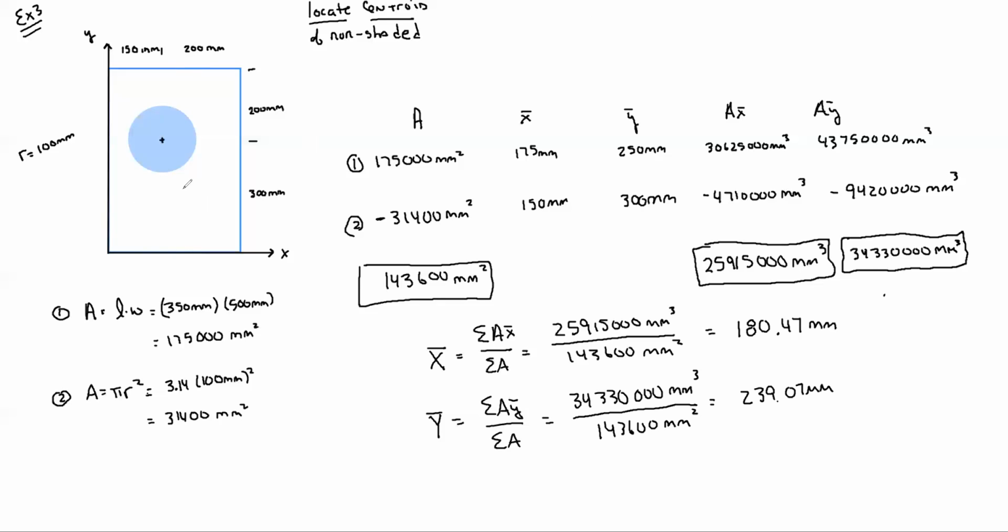That would be in the circle region, because 200 would be to the outer edge.